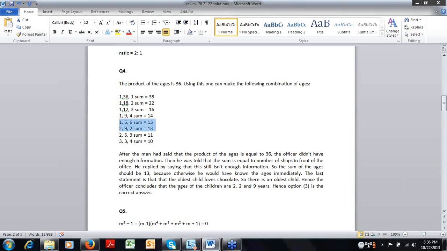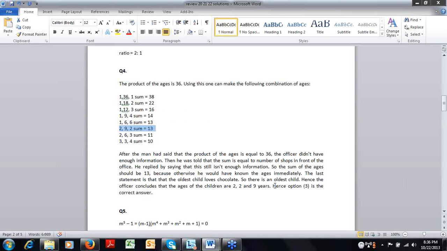And the last statement is, the oldest child loves chocolates. So there is an oldest child. We got it? So we can rule out this. We can only have 2, 2, 9.